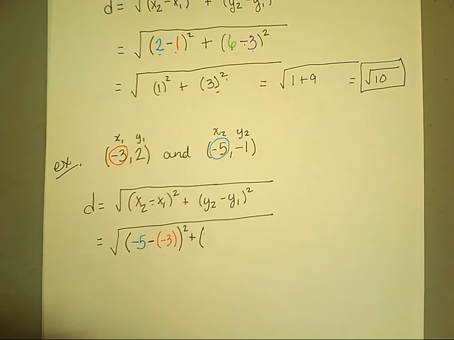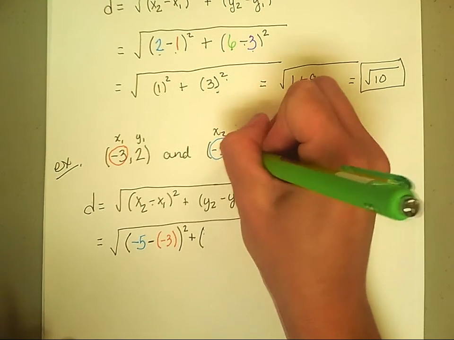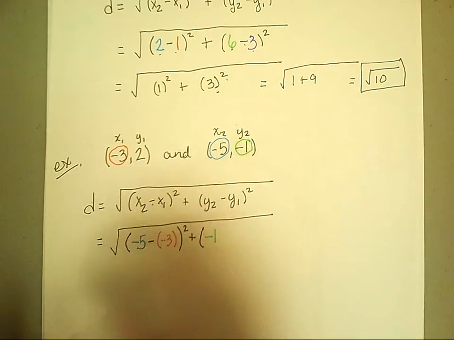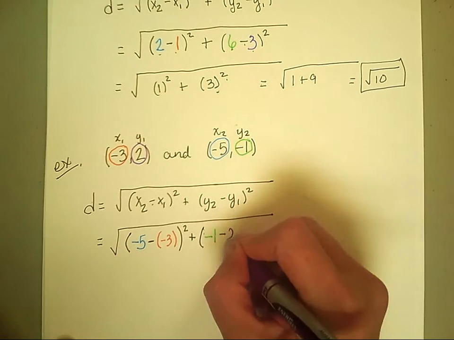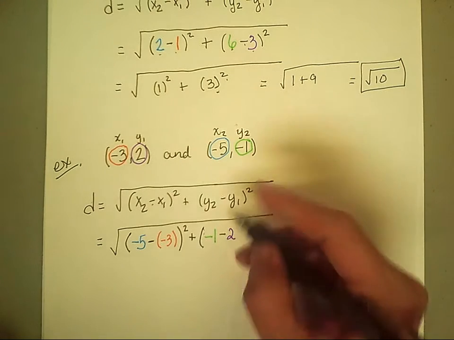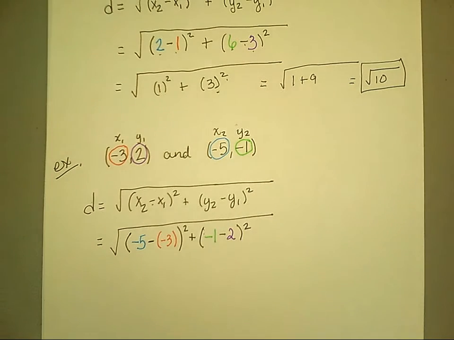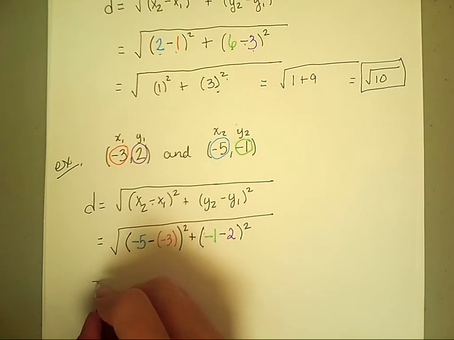Plus, now, y2 is -1. Then minus, from the formula, y1. In this case, y1 is 2. And then that quantity needs to be squared.